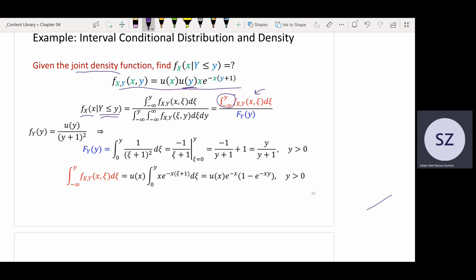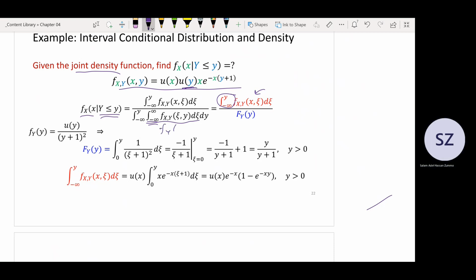Since we are integrating with respect to x from minus infinity to infinity, this whole thing gives you the PDF of y.